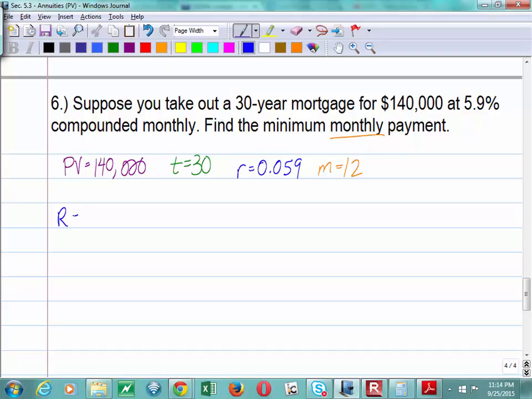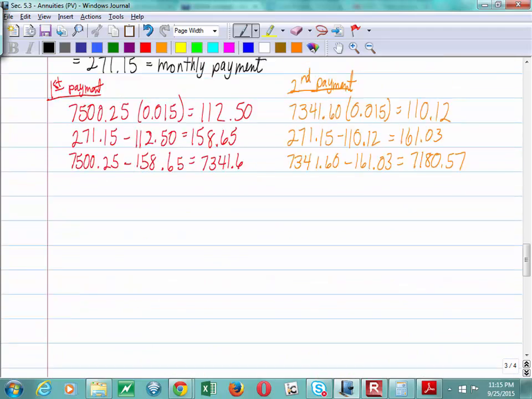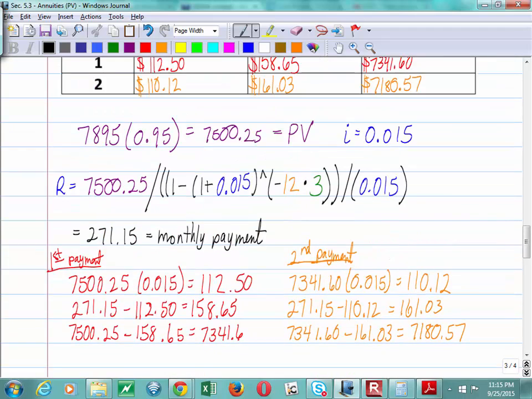So the payment would be equal to 140,000 divided by, let's see, how many parentheses did I need? 2.